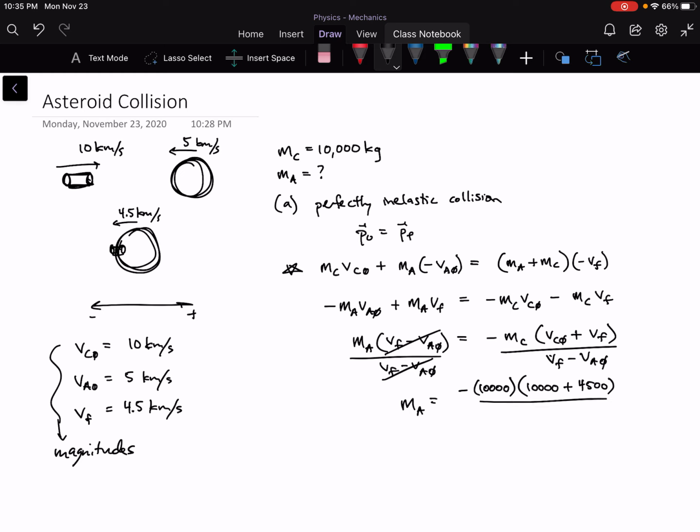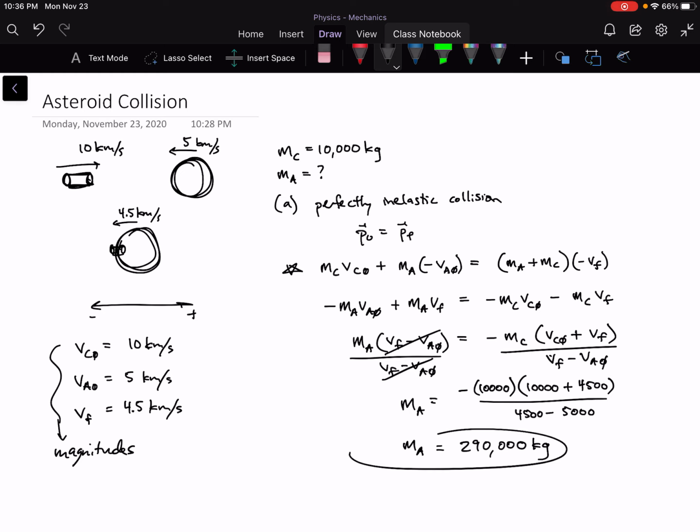And then you have the difference between these two speeds down below, all in standard units. If you plug all of that in, minus signs cancel, which is good because we're looking for mass here, and you get 290,000 kilograms.